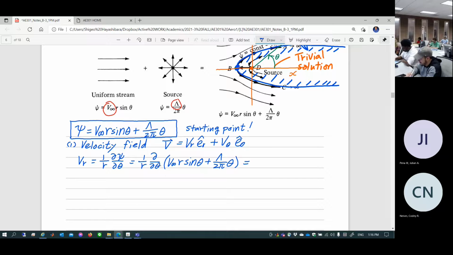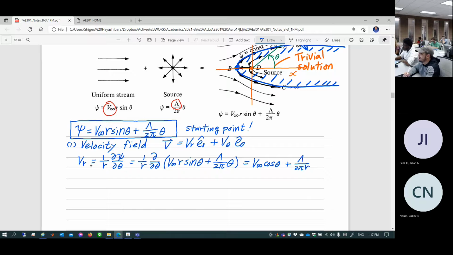Partial derivative means differentiation with respect to theta only, so you consider r as a constant. If you do such a partial derivative, this is going to be V infinity cosine theta, and r divided by r is 1. So V infinity cosine theta comes up. The other one is going to be lambda over 2 pi divided by r. So this is going to be lambda over 2 pi r.